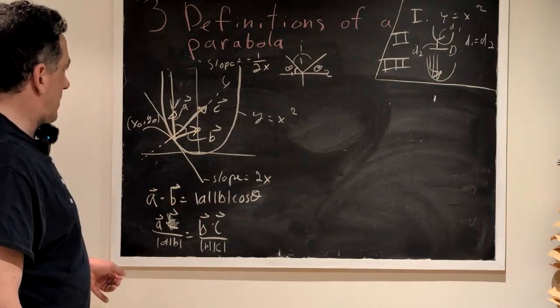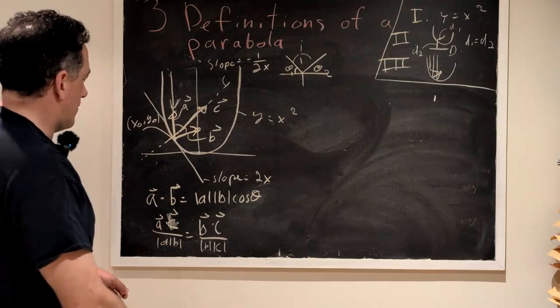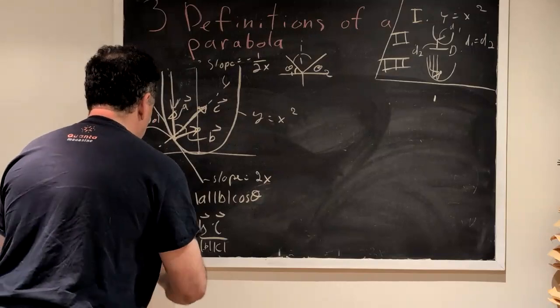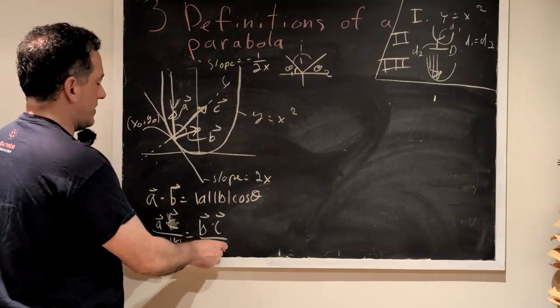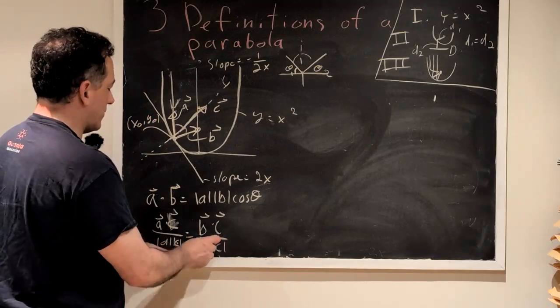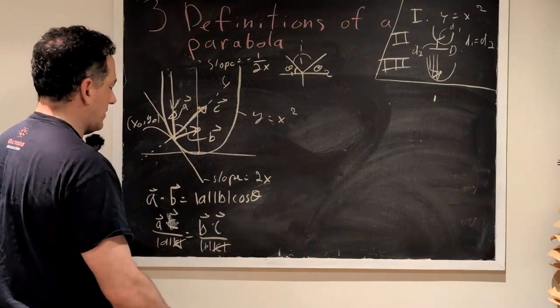Now we see that the norms of C are present on both sides of the equation, so they cancel out.